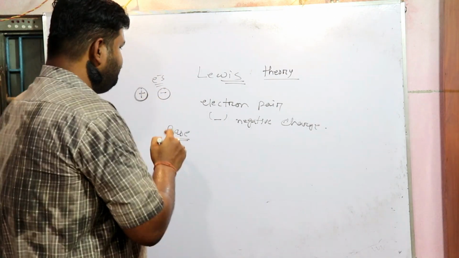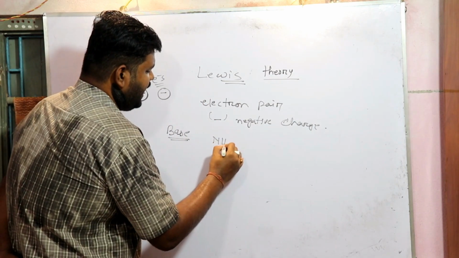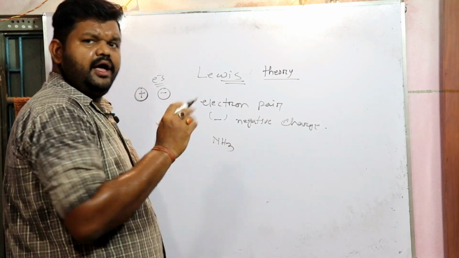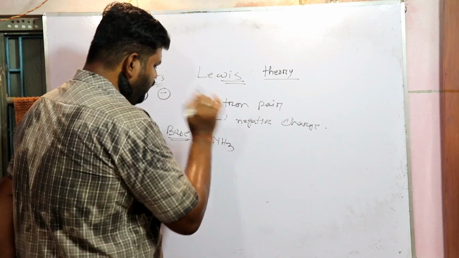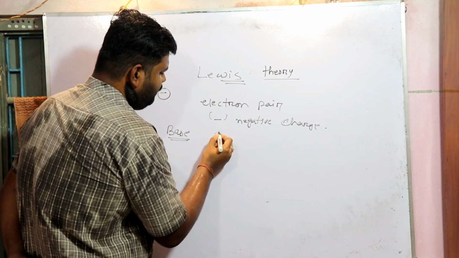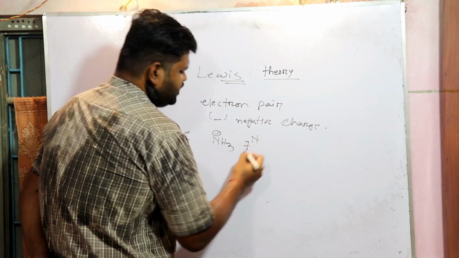Okay, now suppose we are considering a compound, ammonia. You may not know the main mechanism behind it, but you can easily understand this lone pair. You know the electronic configuration of nitrogen?